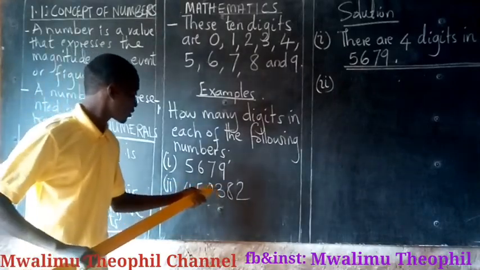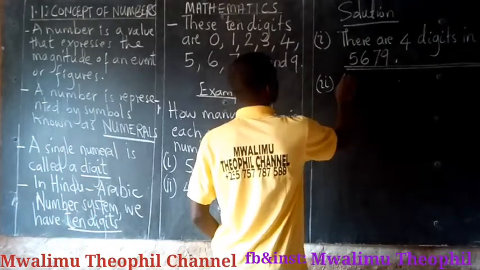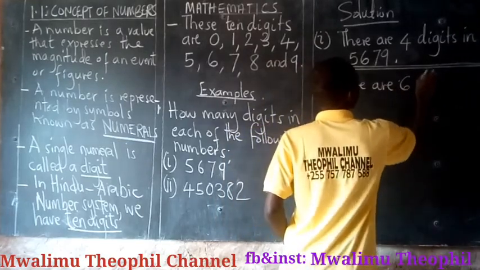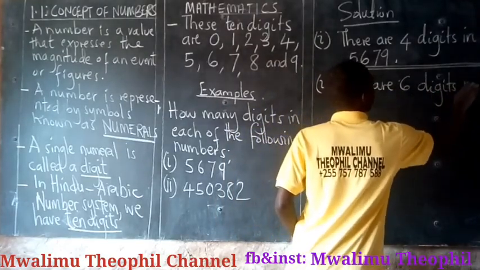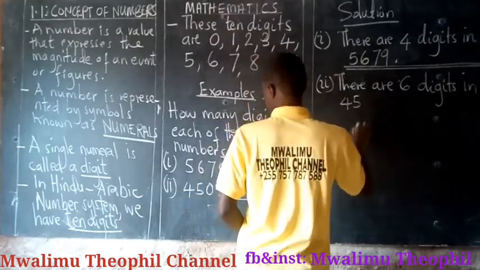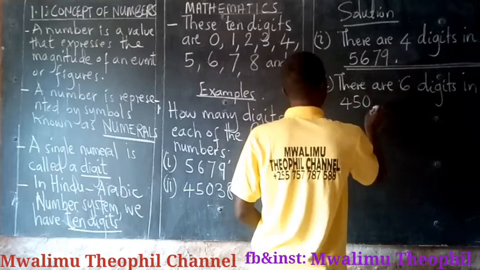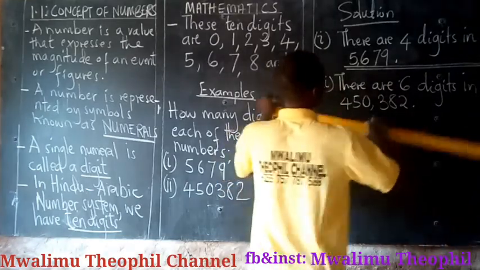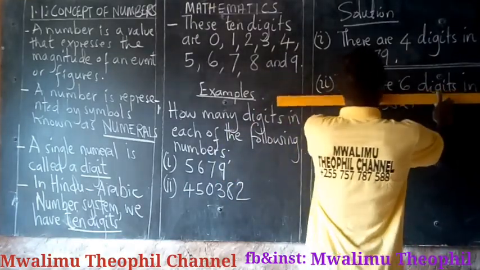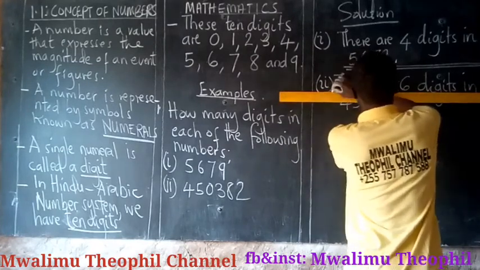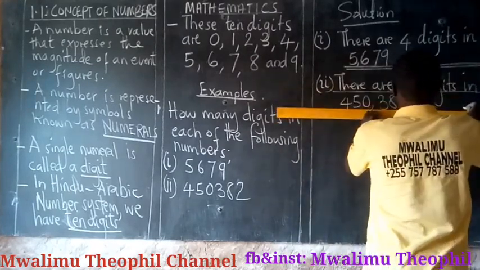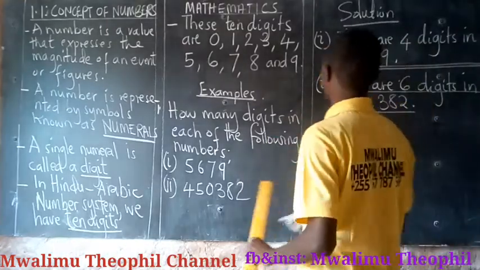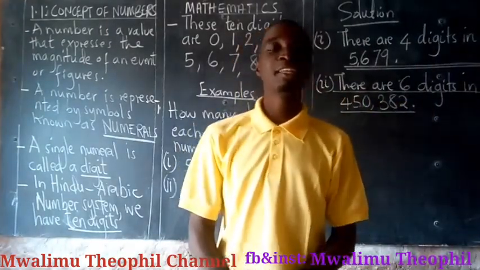We have 1, 2, 3, 4, 5, 6. So there are 6 digits in 450,382. This is the way we count digits in any given number.